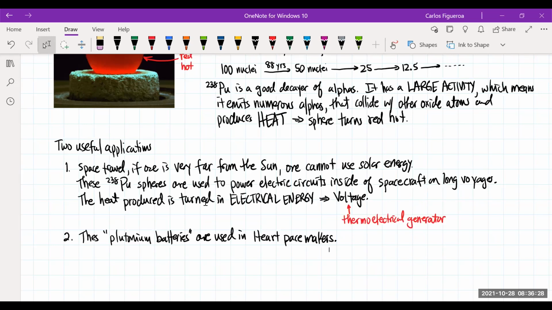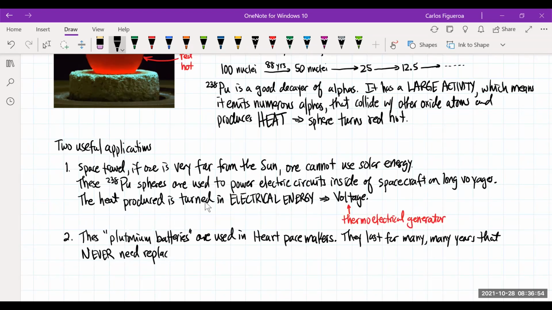But if you have these plutonium batteries, we know that they last for many, many years, that never need replacement.